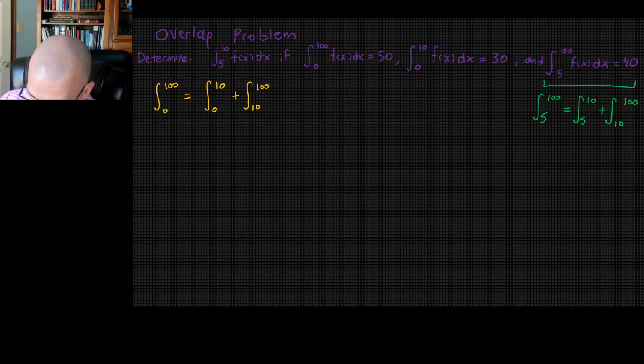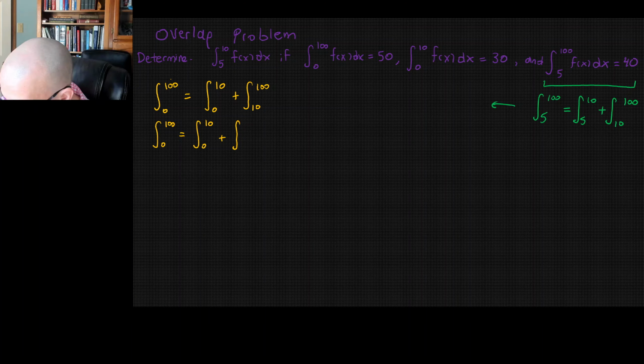So I'm going to use that here. So the integral from 0 to 100 is equal to the integral from 0 to 10 plus the integral from, let's see if we can rearrange this. I'm going to get the integral from 10 to 100 on its own.